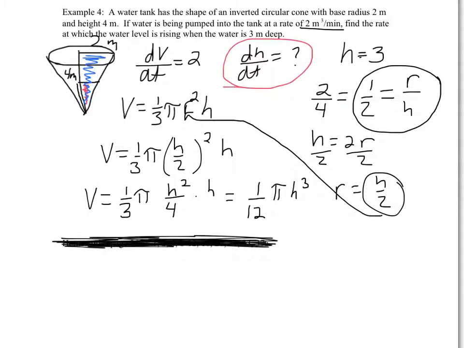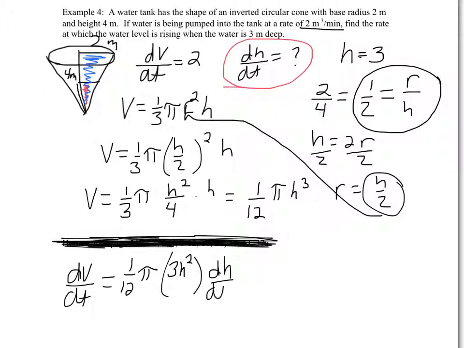All right, so now I'm ready to do the derivative. I would get dV/dt for the left side, and on the right side, the 1/12 π is really just a coefficient, just a number, and then I would have 3h squared for the derivative, times dh/dt. Again, because I differentiated an h, I have to tack on h prime, which in this notation we would call dh/dt.